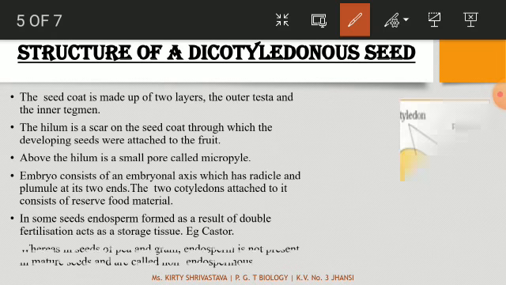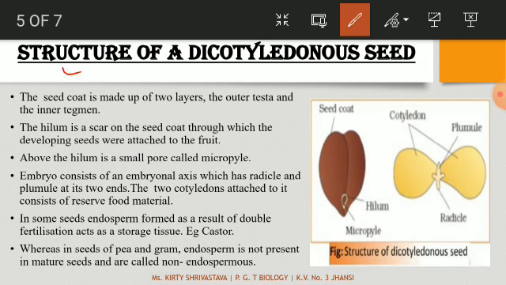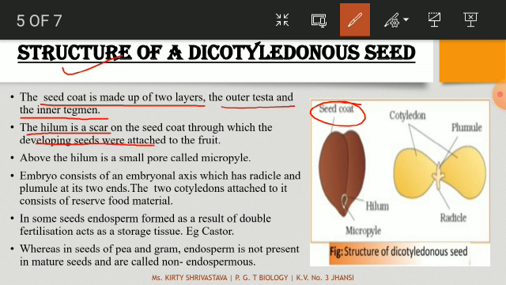Let us now study the structure of a dicotyledonous seed. In a dicot seed, the seed coat is made up of two layers, the outer testa and the inner tegmen. The hilum is a scar on the seed coat through which the developing seeds were attached to the fruit.